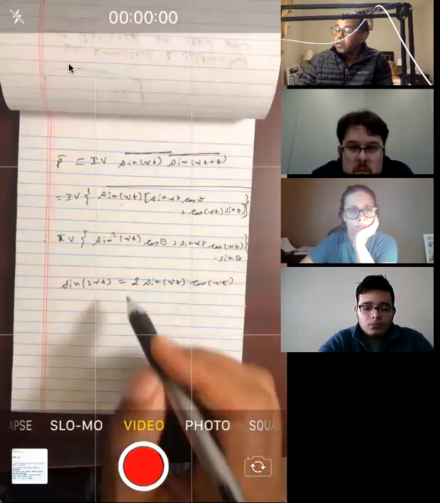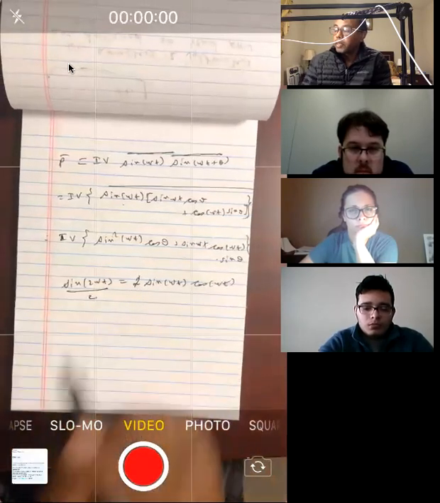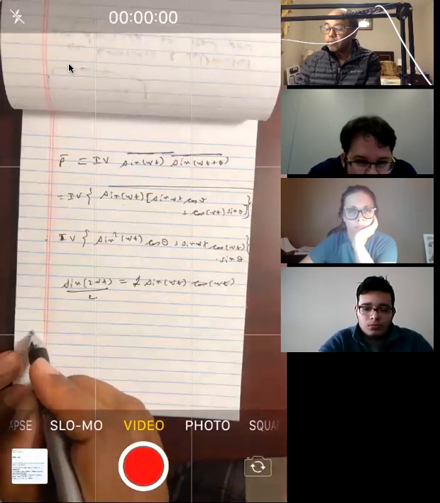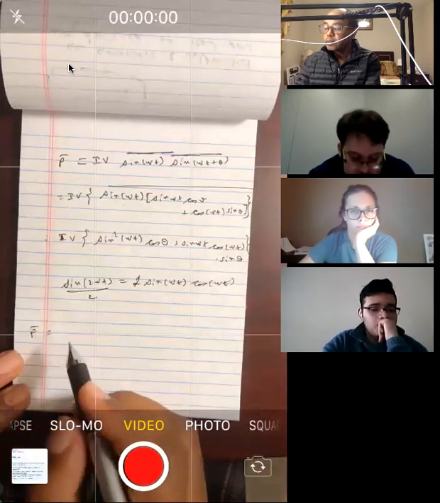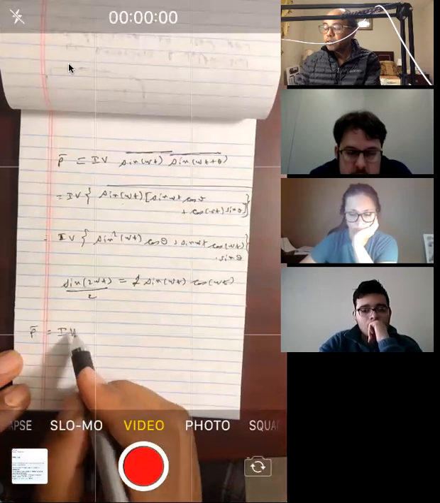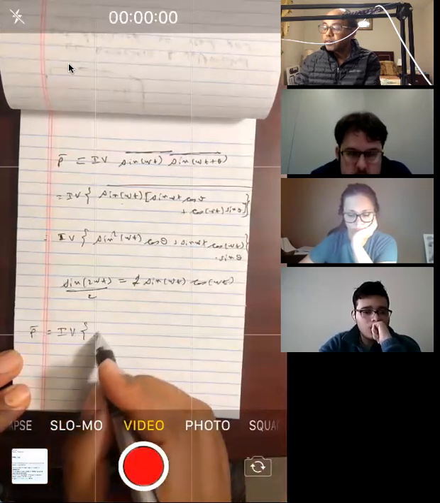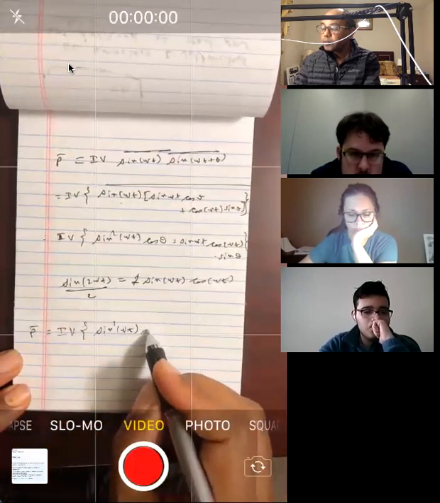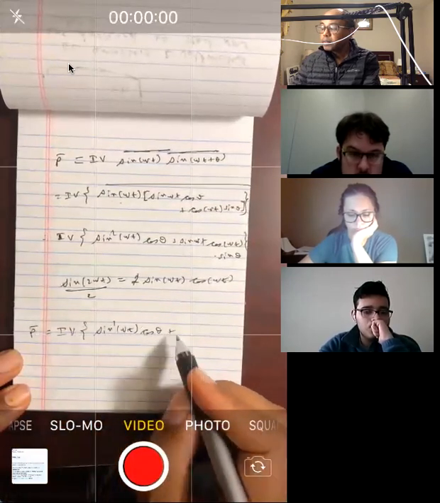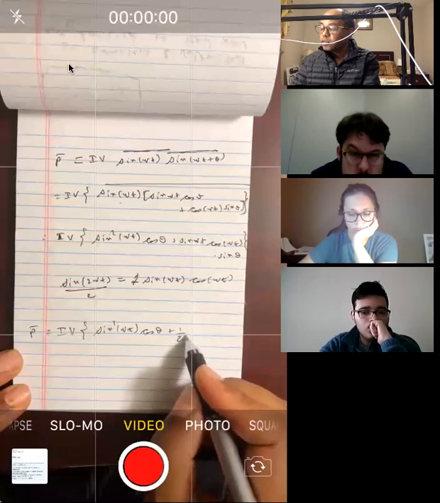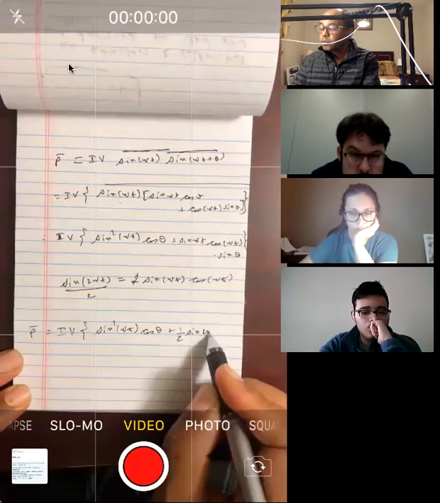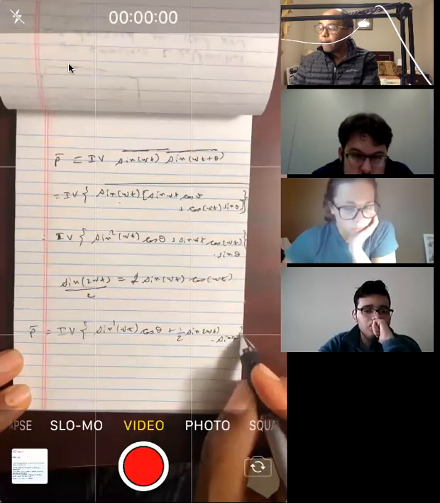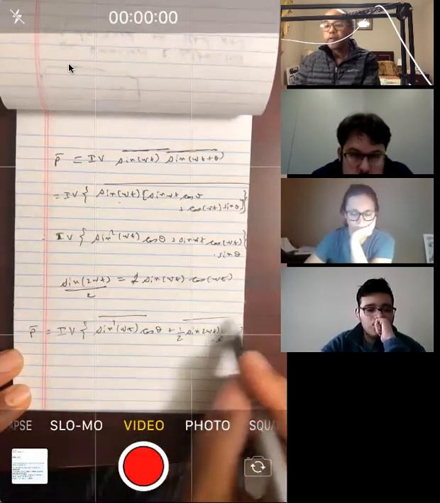So sine omega t cosine omega t equals sine of 2 omega t over 2. Now the average of the power is the amplitudes I and V times sine squared omega t cosine of theta plus half of sine 2 omega t times the sine of theta.